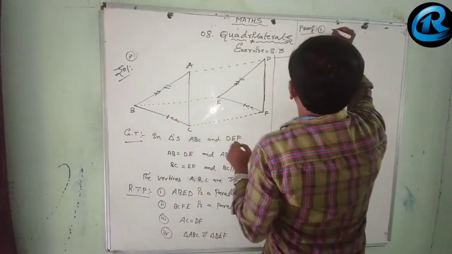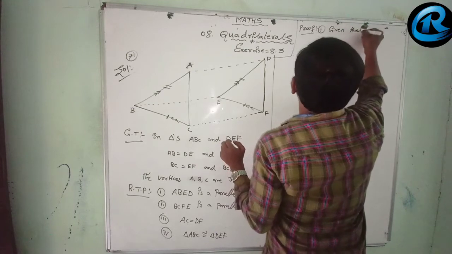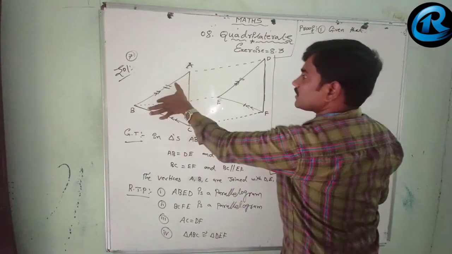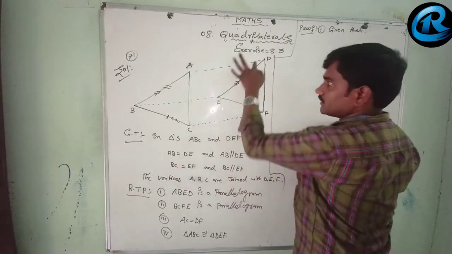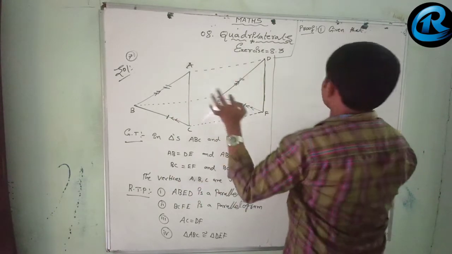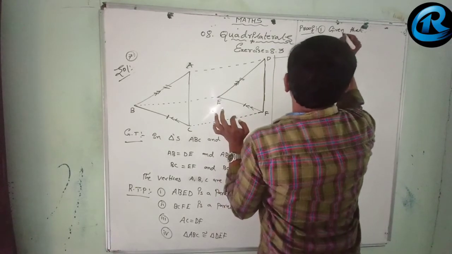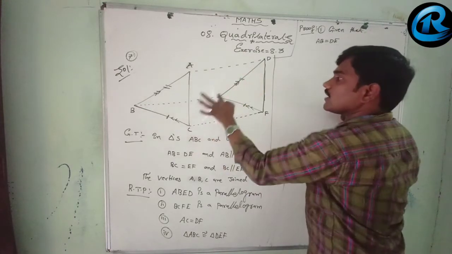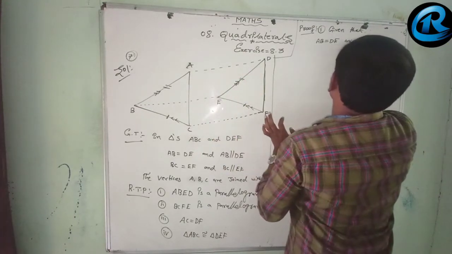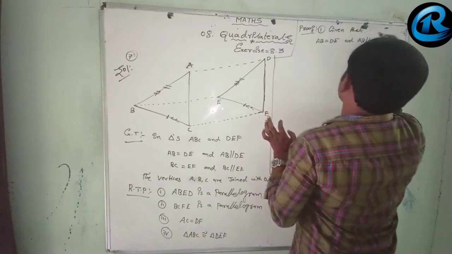Now, given that AB is equal to DE and AB is parallel to DE.